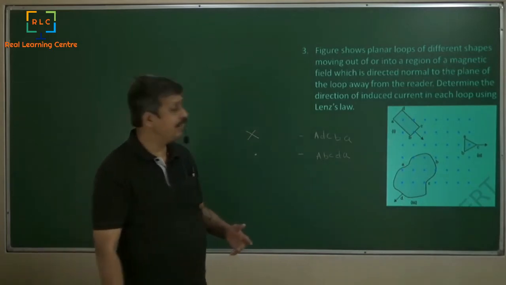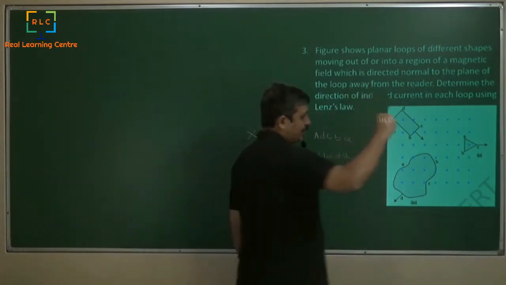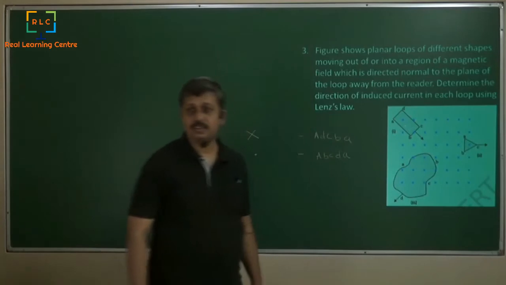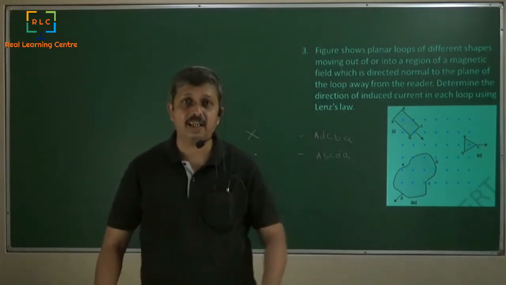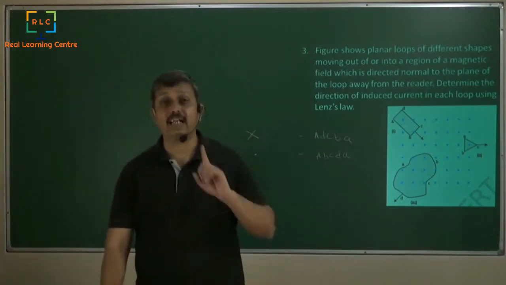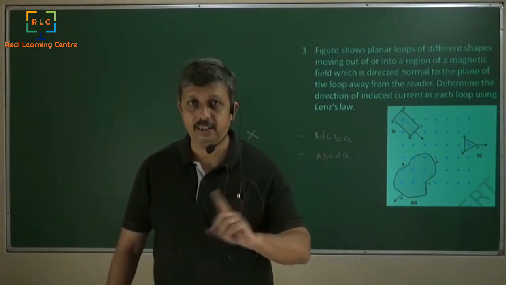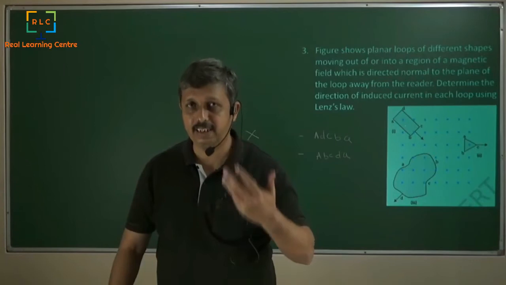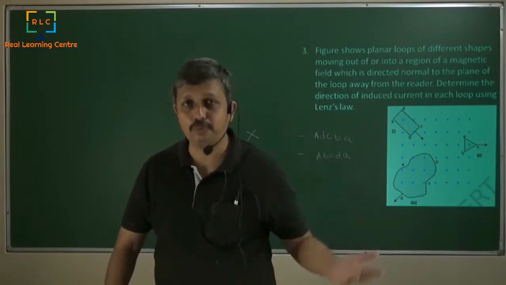So the magnetic field is increasing, and this is its direction. The current that gets generated happens to oppose that.